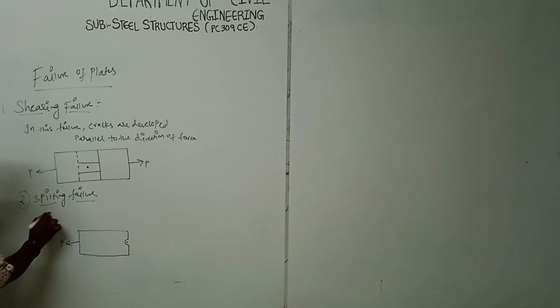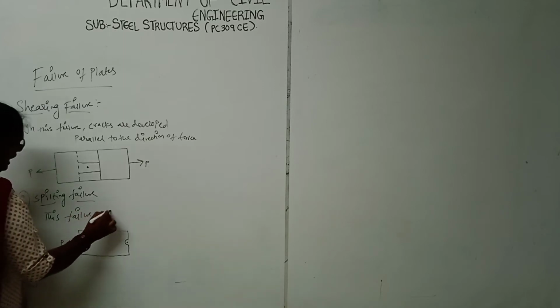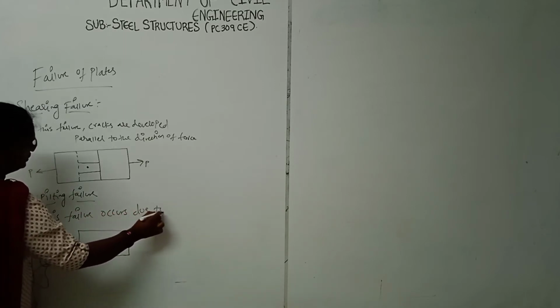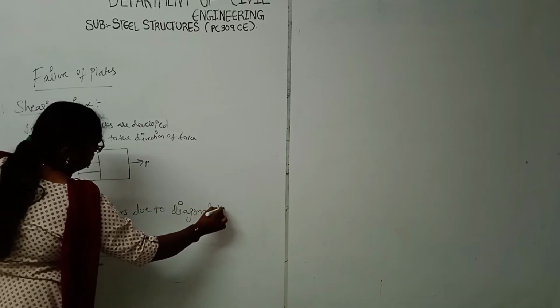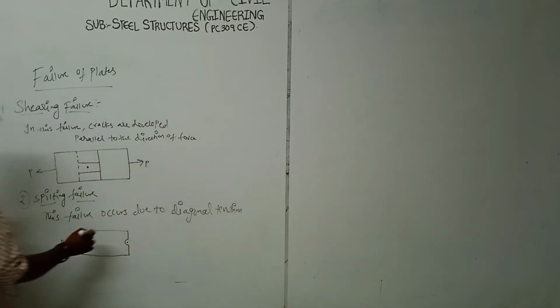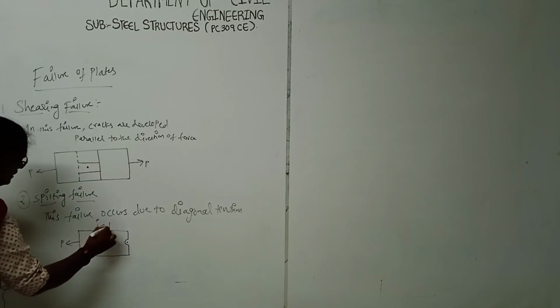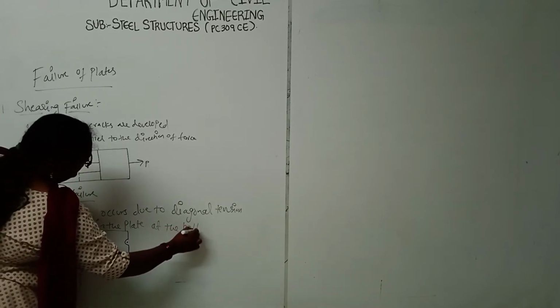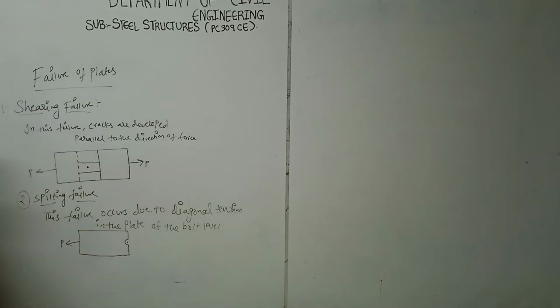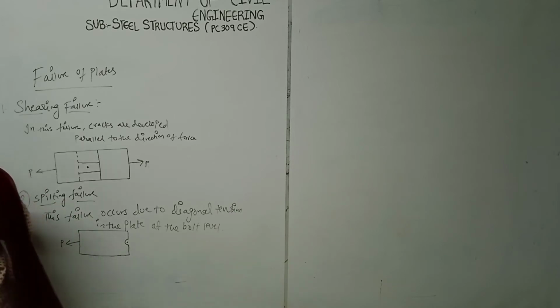When diagonal tension occurs here, there will be a possibility of a splitting failure. This is known as the splitting failure.